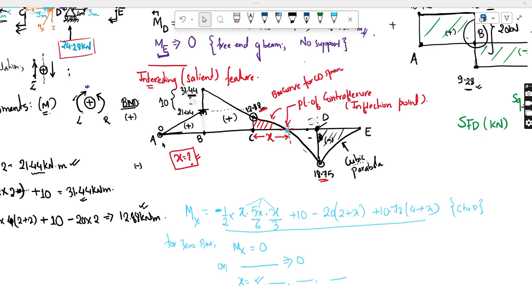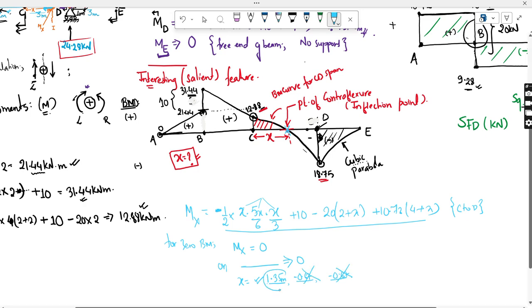Upon careful calculation, I have got the 3 values. One was coming 1.35 meter, the other is minus 0.67, and the other is also negative. Just neglect these negative values.